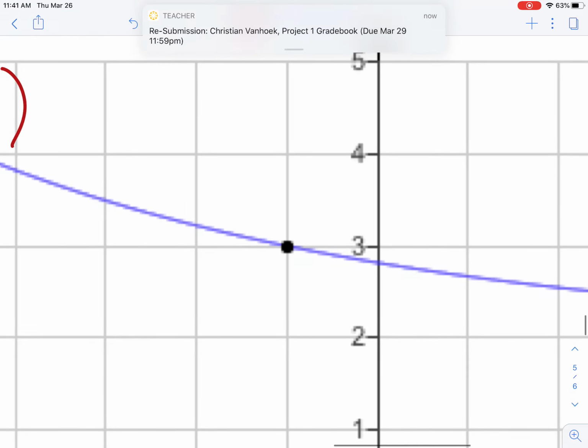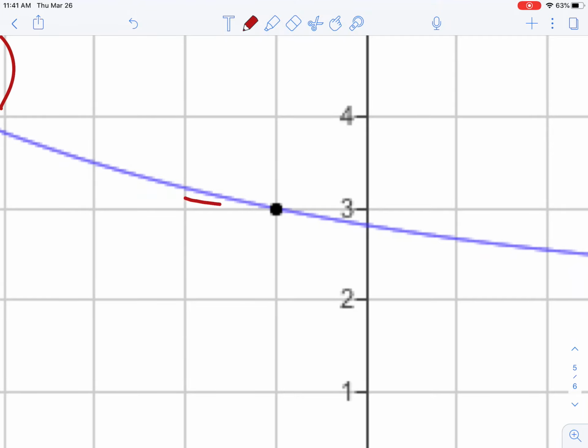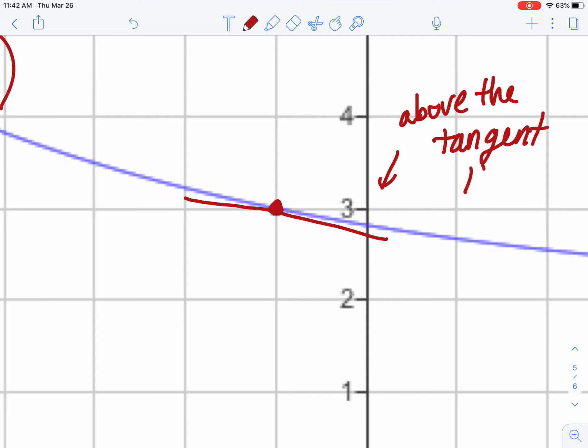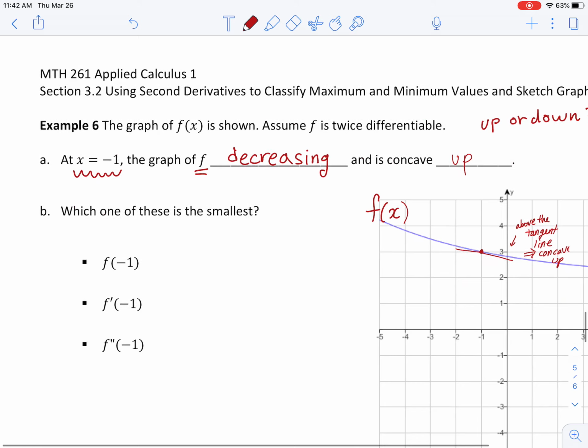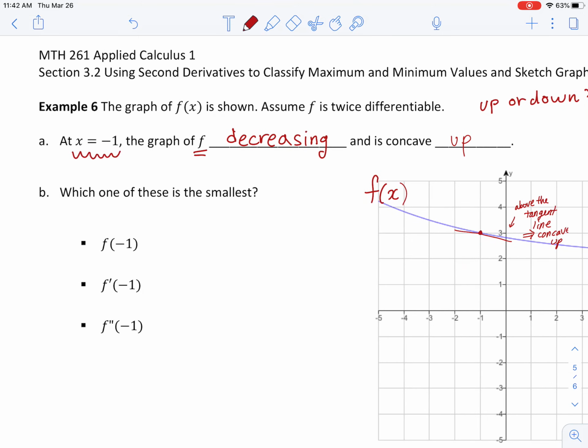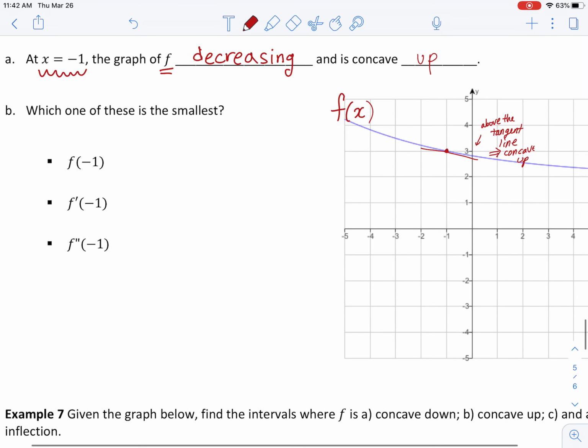I guess the easiest way of telling that is just that if you sketch a tangent line, this graph is above the tangent line, and that implies this is concave up. Okay? All right. Which one of these is the smallest?